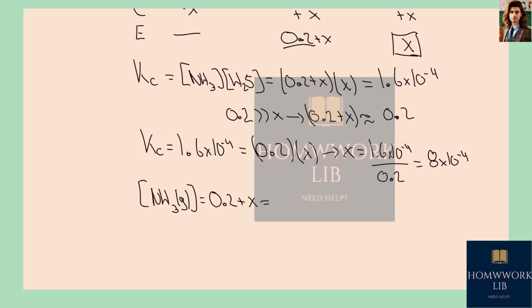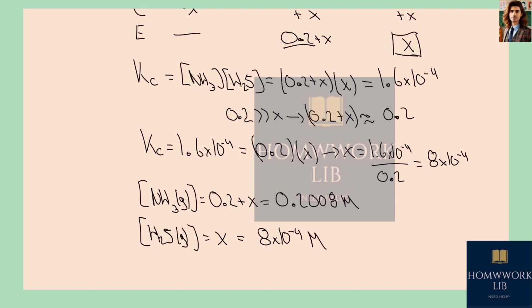This is going to be equal to 0.2008 molar. The concentration of H2S gas is equal to x, equal to 8 times 10 to the minus 4 molar. And those are going to be our concentrations after we reach equilibrium.